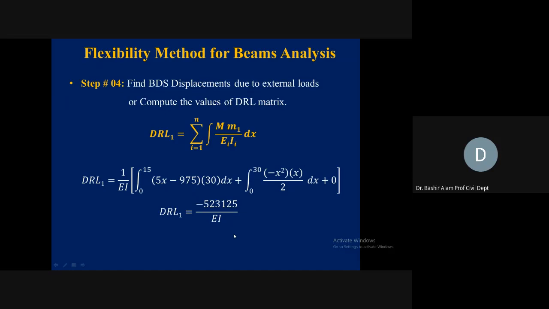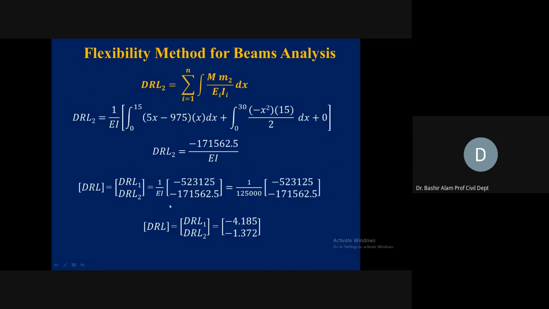Now we go towards DRL2, and DRL2, if we see, it is M times M2 divided by EI dx. So again, from member 1, we have this 5x minus 75 capital M, x is M2 and dx.